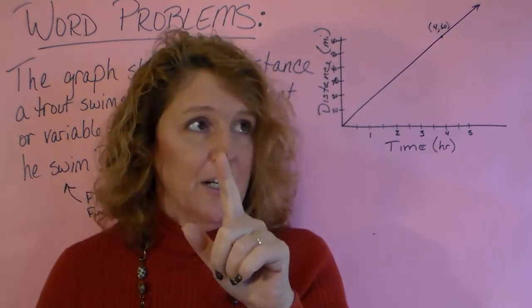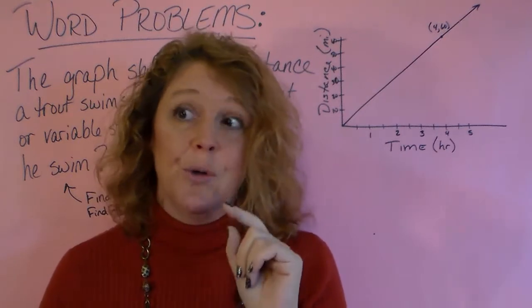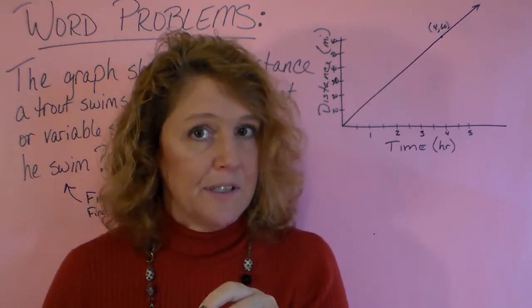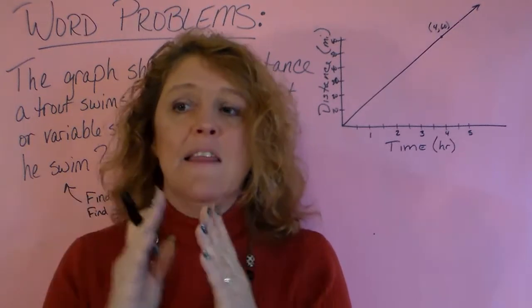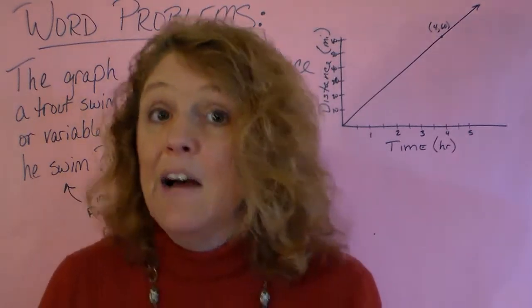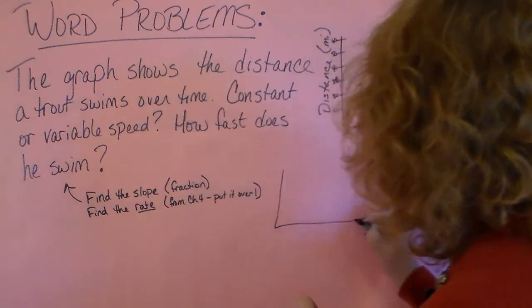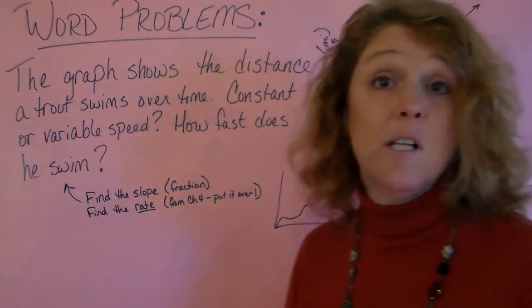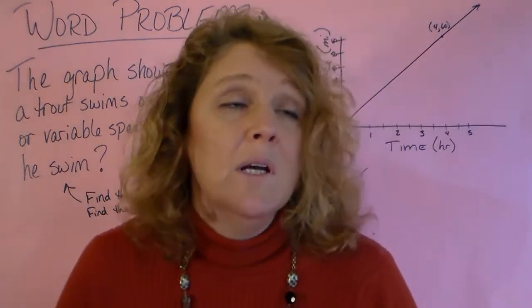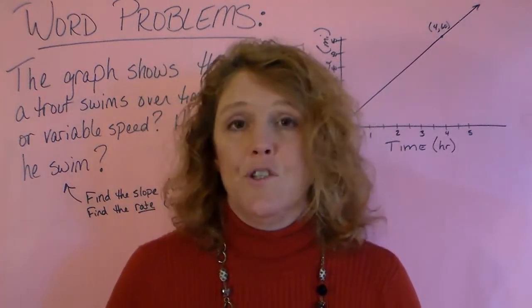Do you remember when we did Chapter 5, Section 2, Interpreting Graphs? That showed you that if they're going at a constant speed, that's going to be a straight line. A variable speed, that's going to get graphed like, sometimes he goes fast and sometimes he goes slow, that kind of thing. Okay? But a constant speed is a straight line.